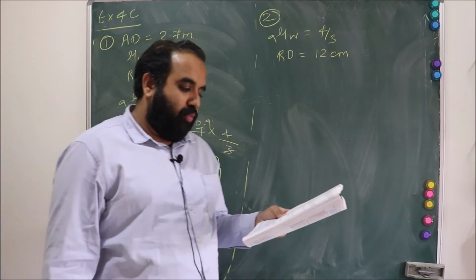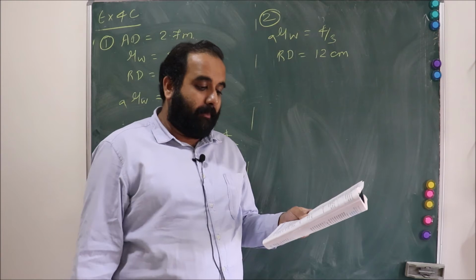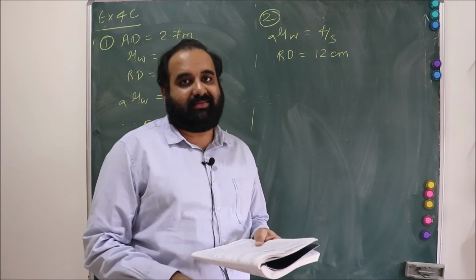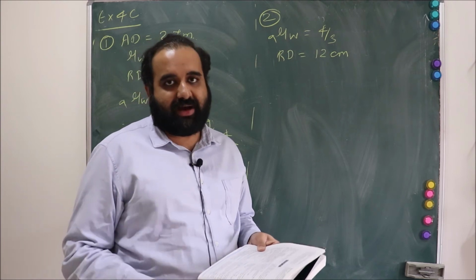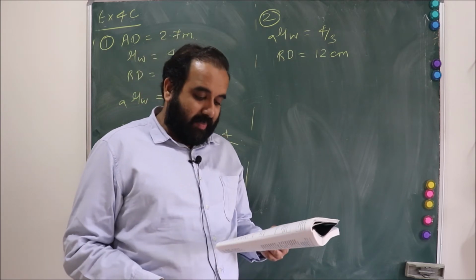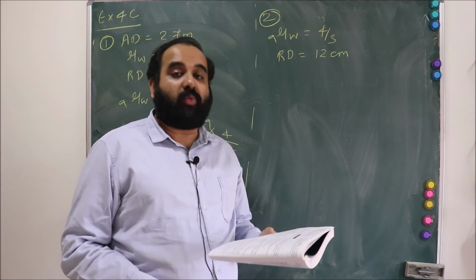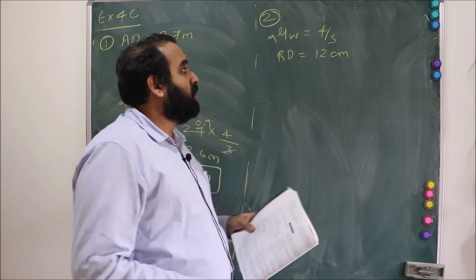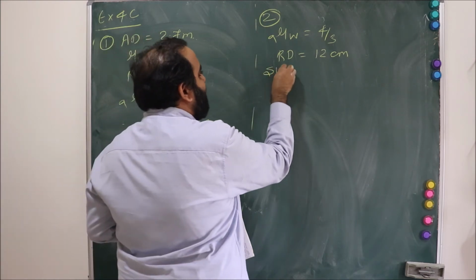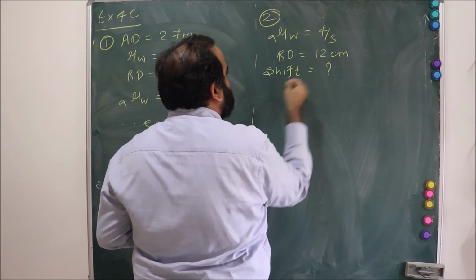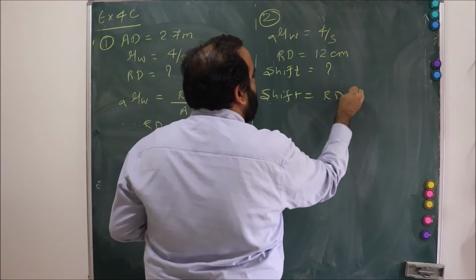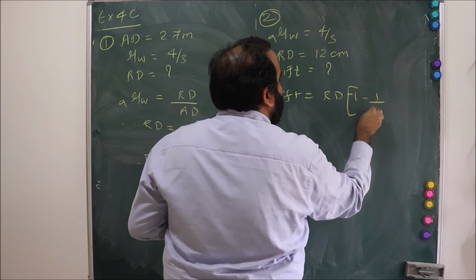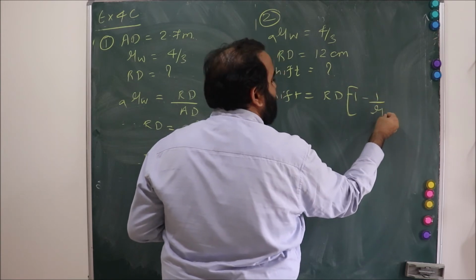By what height does the coin appear to be raised? Appears to be raised means that shift has been asked. When seen from vertically above, appears to be raised, so shift is asked. So what is the formula? Shift is equal to real depth into 1 minus 1 upon refractive index of water.